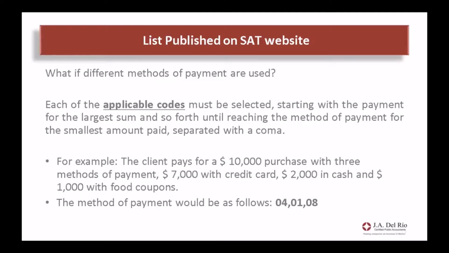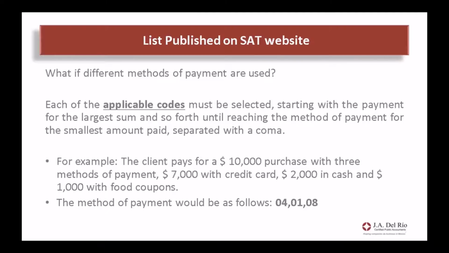And that's correct. Let me say an example: the client pays a 10,000 purchase with 3 methods of payment. 7,000 is paid with credit card, 2,000 is paid with cash, and 1,000 is paid with food coupons. In this case, one will assume, okay, maybe I'll just indicate credit for the 7,000 that was paid, and that's it.